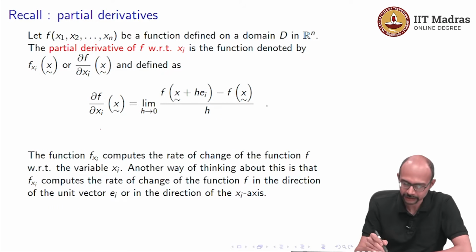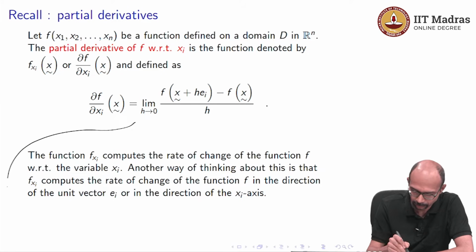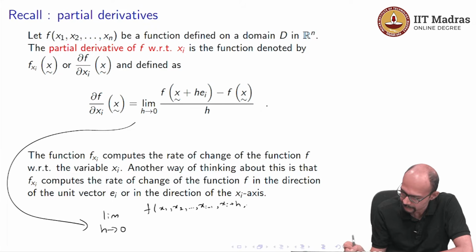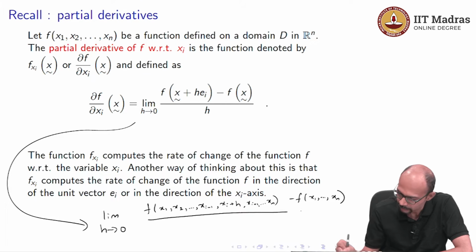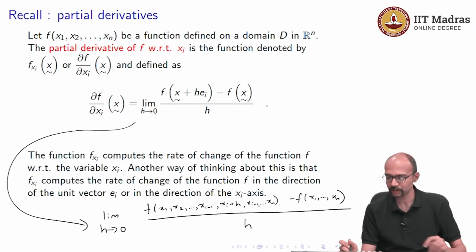To spell it out explicitly, let us recall that we can write this expression as the limit as h tends to 0 of f of x1, x2, all the way up to xi minus 1, then xi plus h, and then xi plus 1 all the way till xn, minus f of x1, x2, ..., xn, divided by h. So, the only change happens in the ith coordinate, all the other coordinates remain the same.